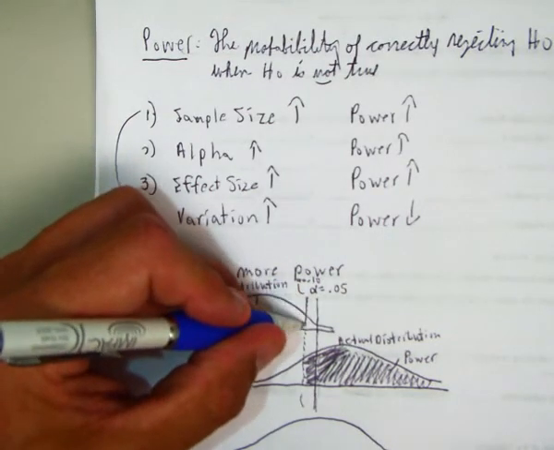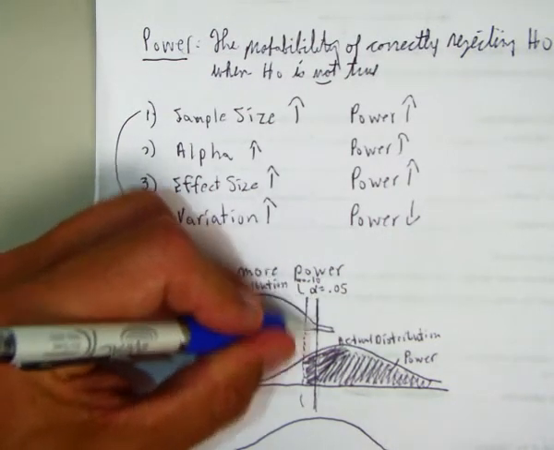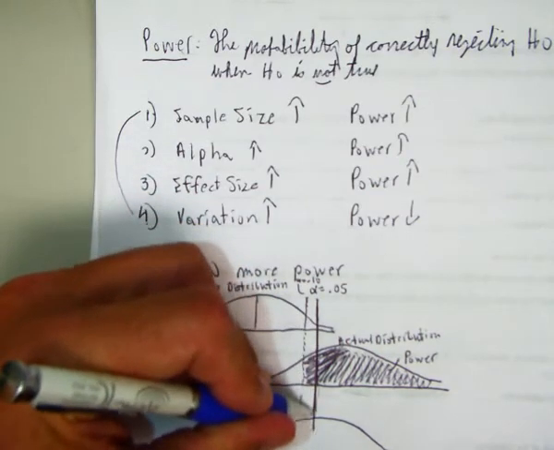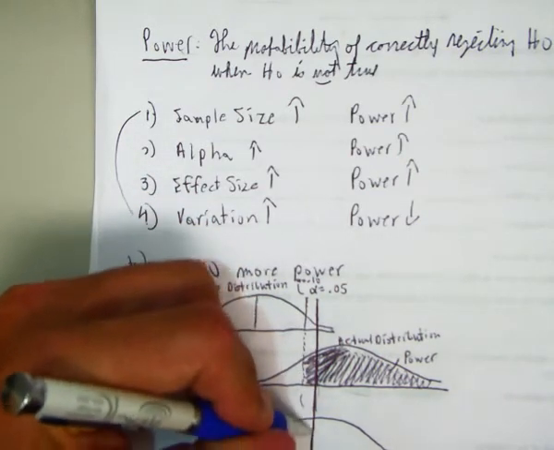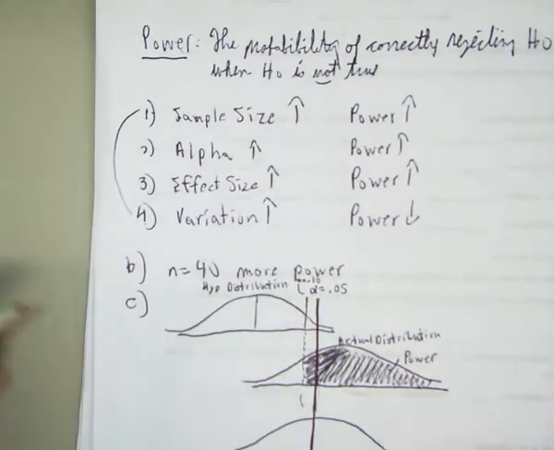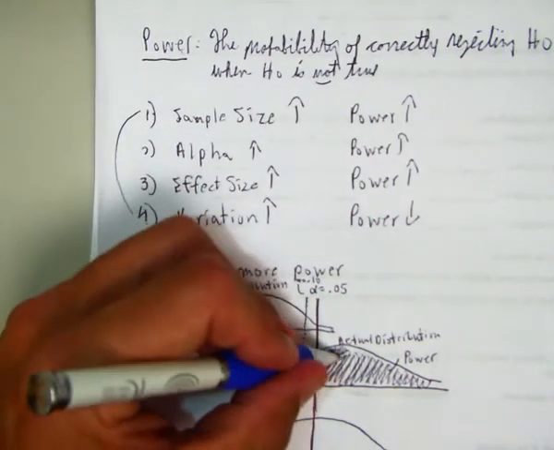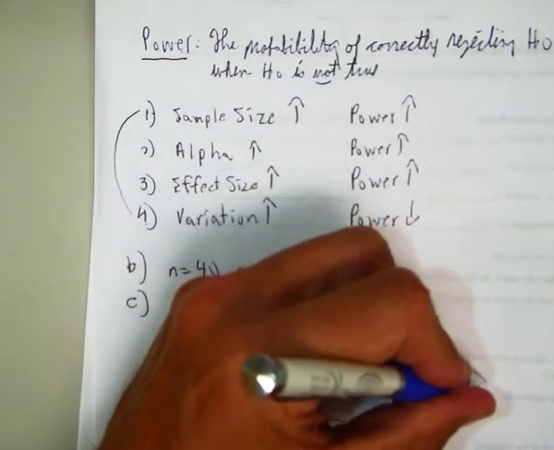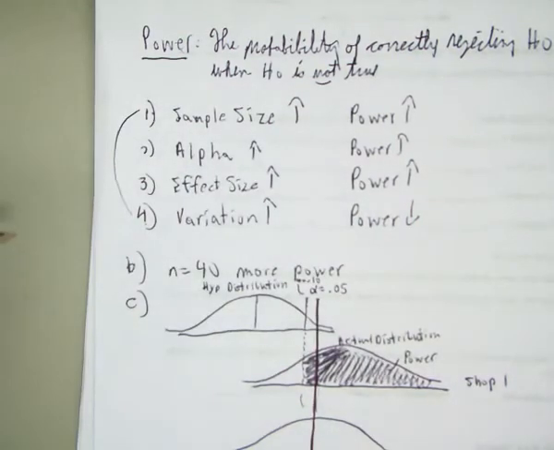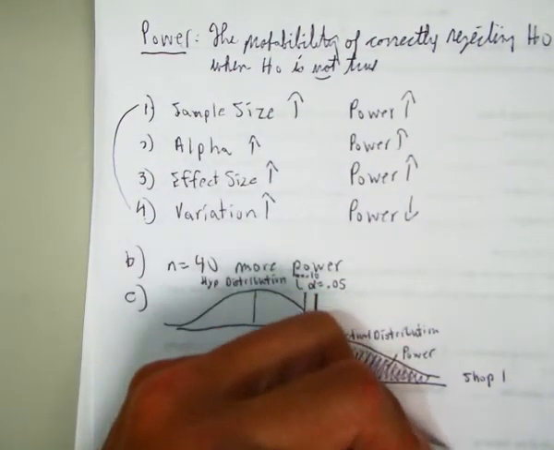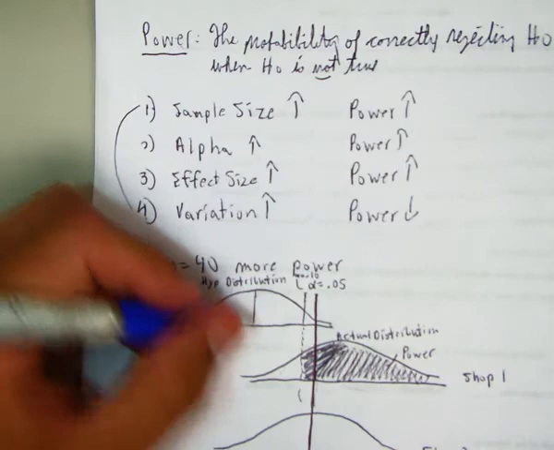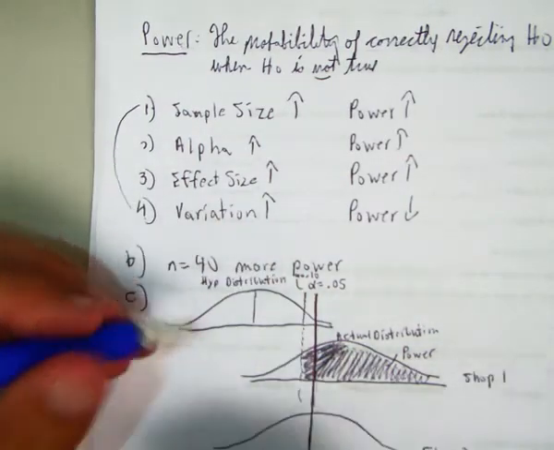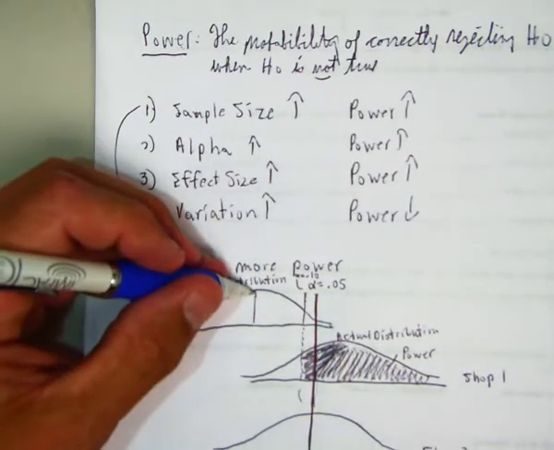Okay, so if we use this as our alpha level, so this shop, I'm going to call this shop 1, is way more out of compliance than shop 2, because the distribution you can see is farther away from our hypothesized distribution.